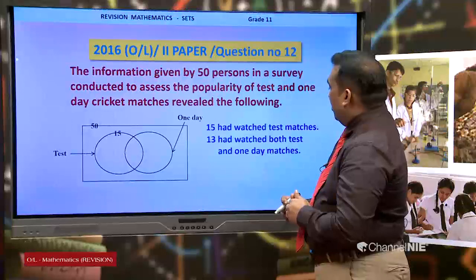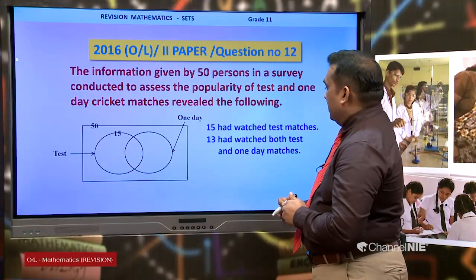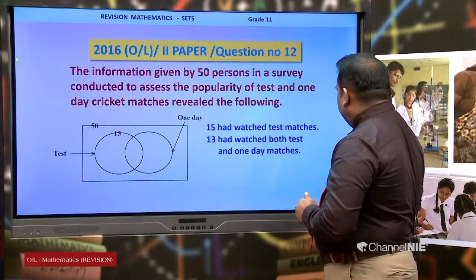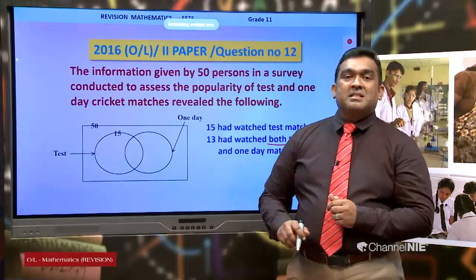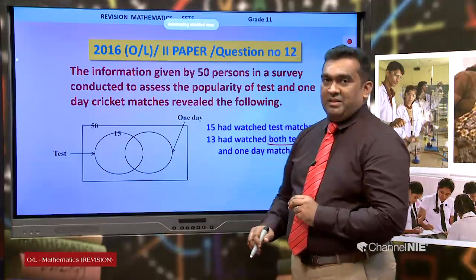13 had watched both test and one-day matches. Both means common, right?